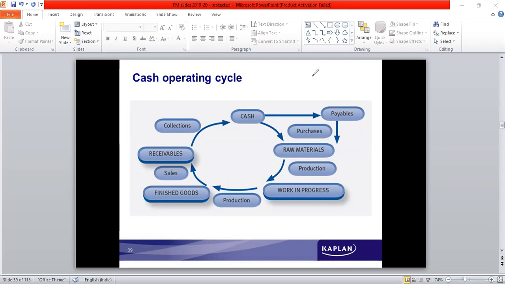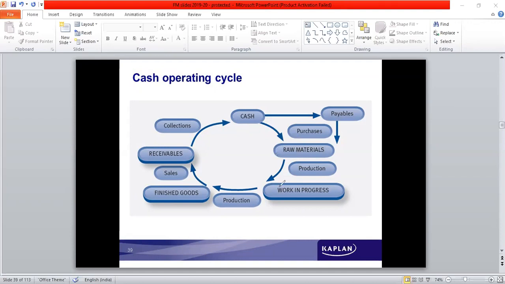So the first step is the amount of cash is invested into material. Material has to be purchased so that the activities can be carried on. To produce and sell the goods, the first step is raw material has to be purchased. This raw material gets converted into finished goods. It doesn't get instantly converted into finished goods.